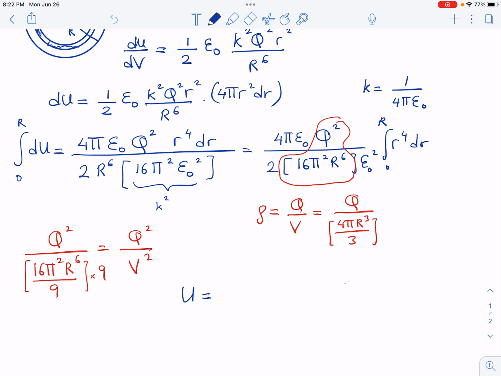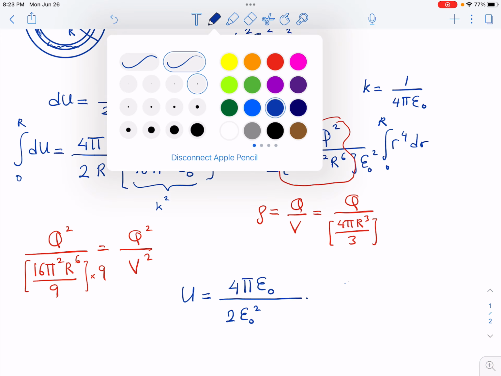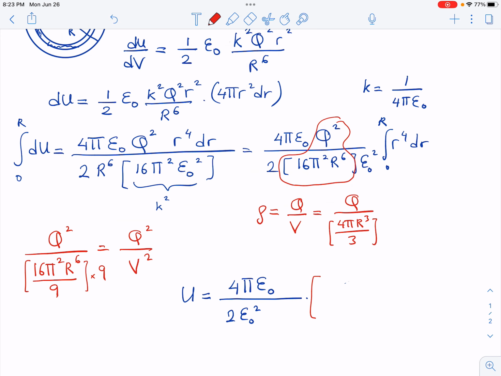So I'm going to get 4 pi epsilon naught, okay? And in the denominator we have 2 epsilon naught squared, and I'm going to write this in red so you can see it. The other part is q squared over 16 pi squared r to the 6th over 9, okay?